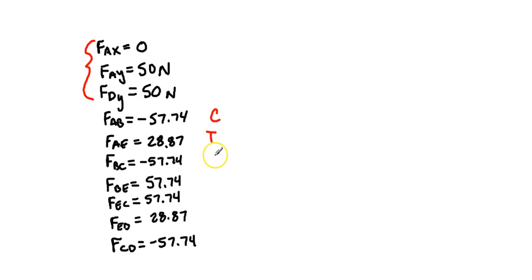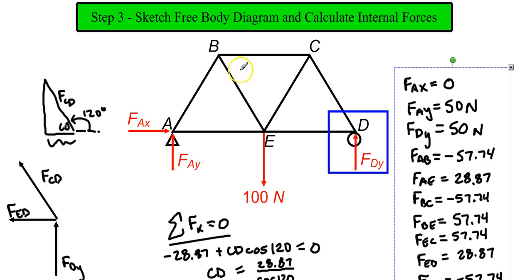Force of BC is under compression. Force of BE, tension. Force of EC, tension. Force of ED, tension. And force of CD is negative, so it's under compression. So we got AB, BC, CD, all under compression. Let's go back to our diagram and kind of look at what's going on here.